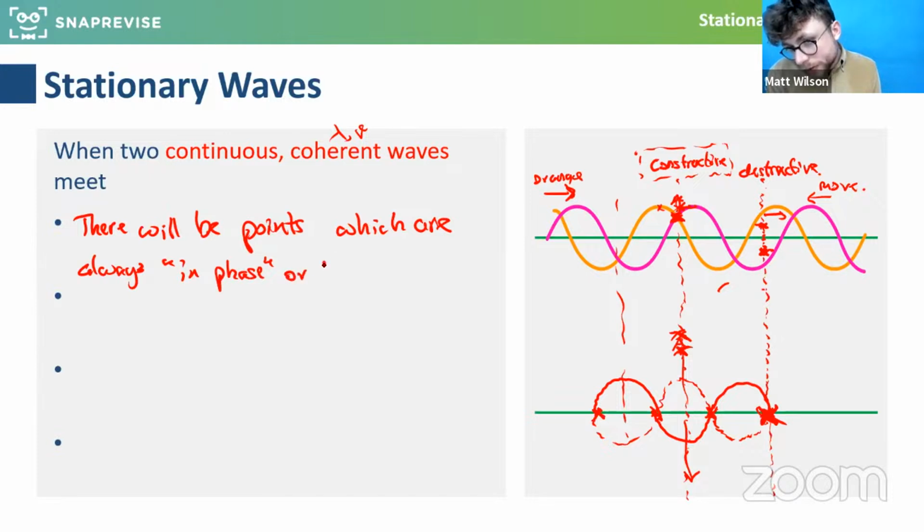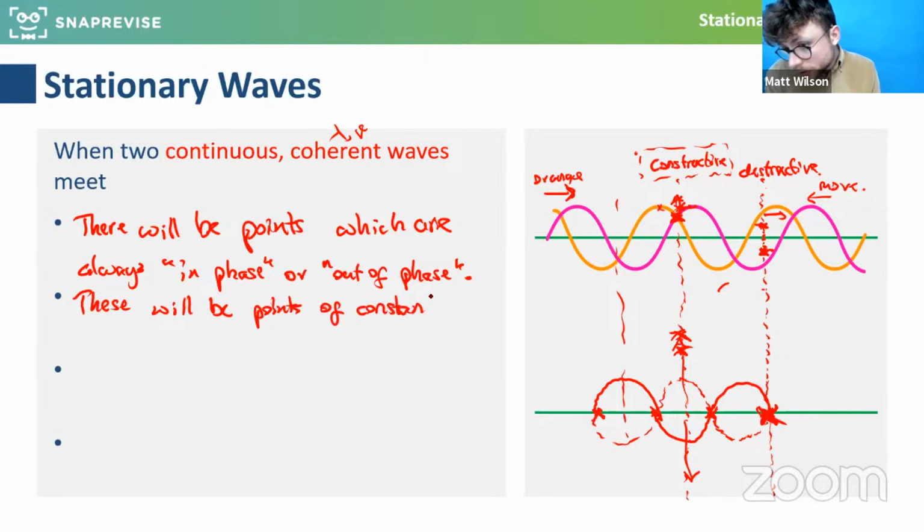Or there are the other points which are always out of phase, or in the extreme case, in antiphase. Okay, cool. So the point is that these will be points of constant, always constructive or always destructive interference.